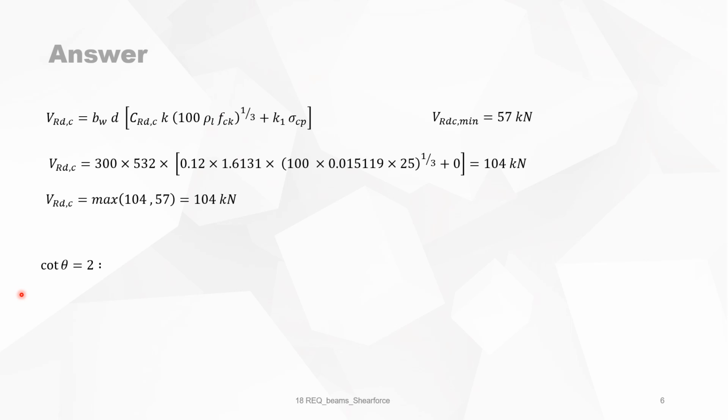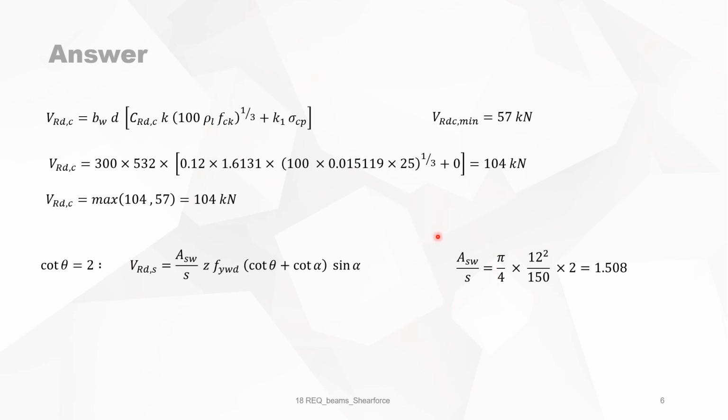Then we are looking at the resistance of the stirrups, the resistance to the shear force delivered by the stirrups. So we take cotangent theta 2, meaning the smallest angle. VRDS, so the resistance of the stirrups to shear force, is then given by this formula.